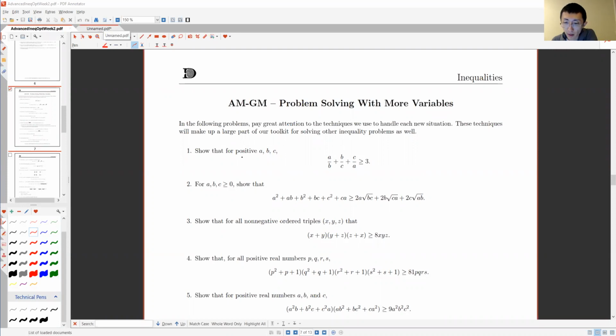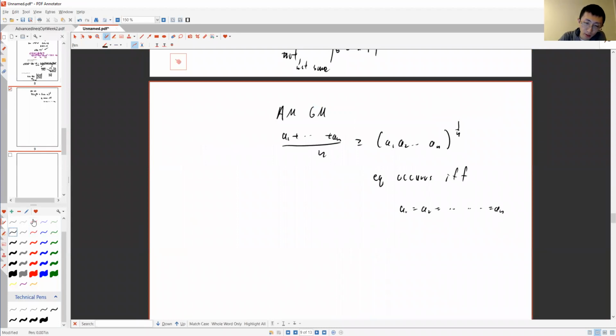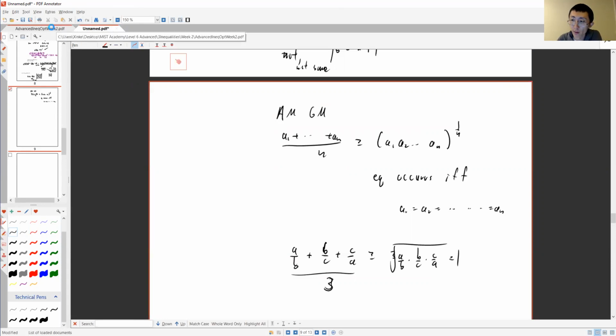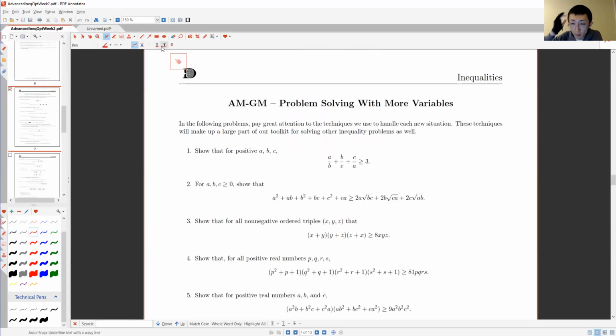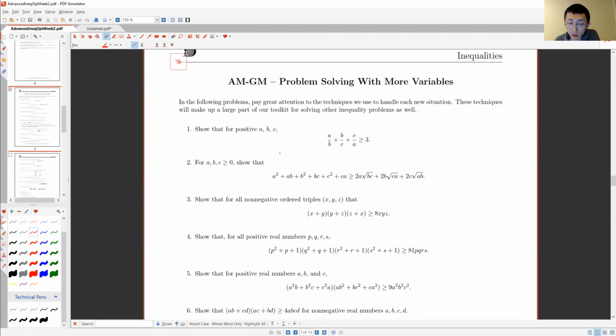Yeah, that's exactly right. So this will be bigger than or equal to this, and their product is just 1. This over 3 is the arithmetic mean, and we can multiply by 3. So yep, that's true. And it does say A, B, and C are positive, so the condition is met for AM-GM. What about number 2?